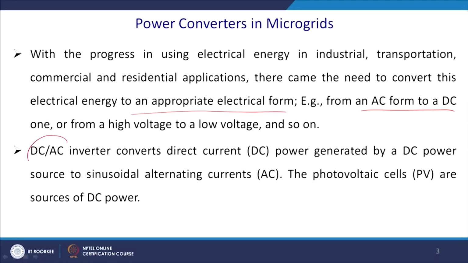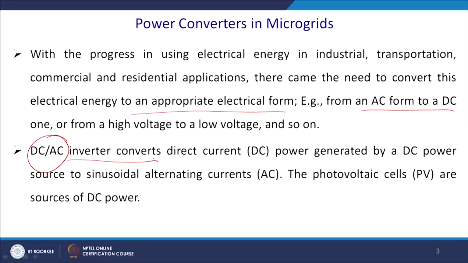Similarly, we may have adjustable speed drives. Since we have a constant frequency supply, drives in most cases run at constant frequency and constant speed. For this reason, an inverter converts direct current or DC power into sinusoidal alternating current, sometimes required to be variable power.